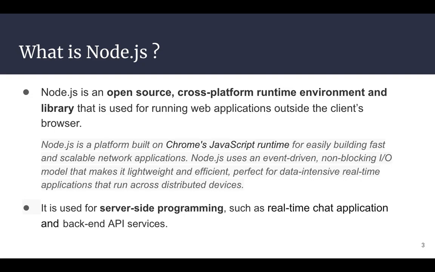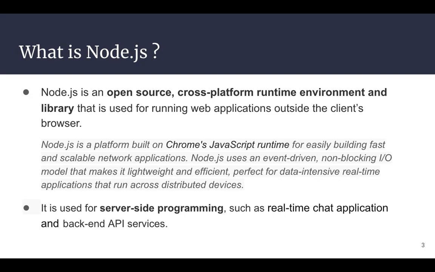If you go to the official documentation, you see this phrase written: Node.js is a platform built on Chrome's JavaScript runtime for easily building fast and scalable network applications. Node.js uses an event-driven, non-blocking input-output model that makes it lightweight and efficient, perfect for data-intensive real-time applications that run across distributed devices. I'll explain this going forward.